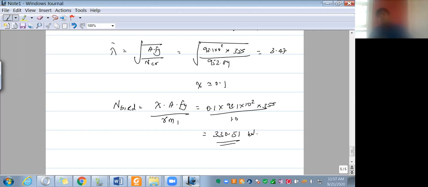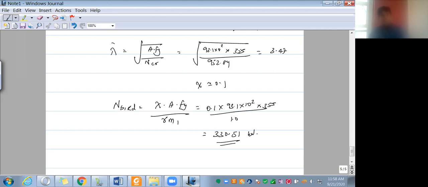So those support reactions are going to be your axial forces for the columns. Those are NEd. So if you take a column for an NEd value, then you have to choose the appropriate section.